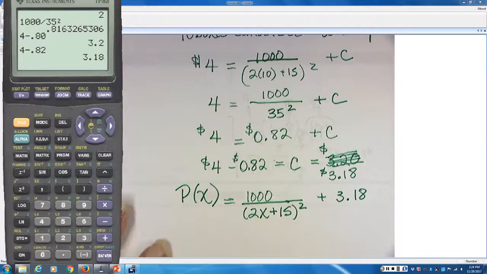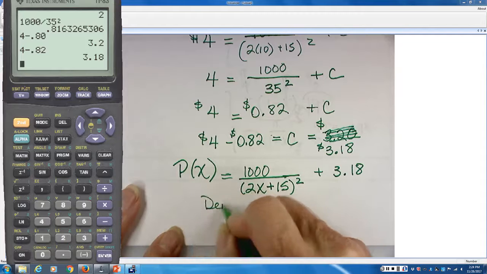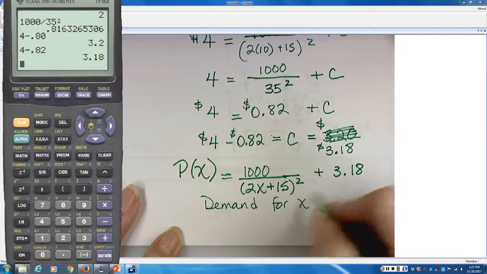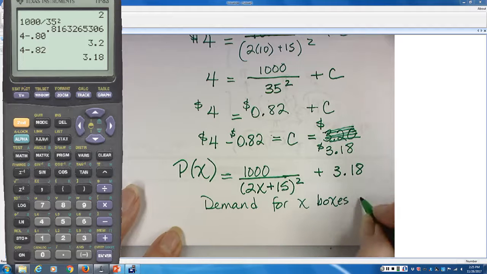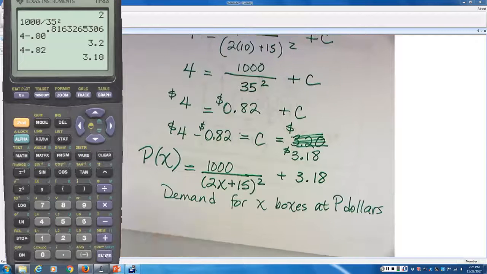There's your demand equation. So that's the demand for X boxes at P dollars.